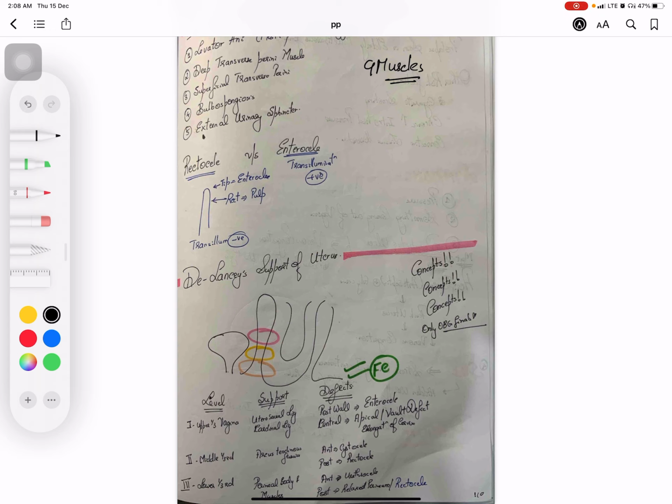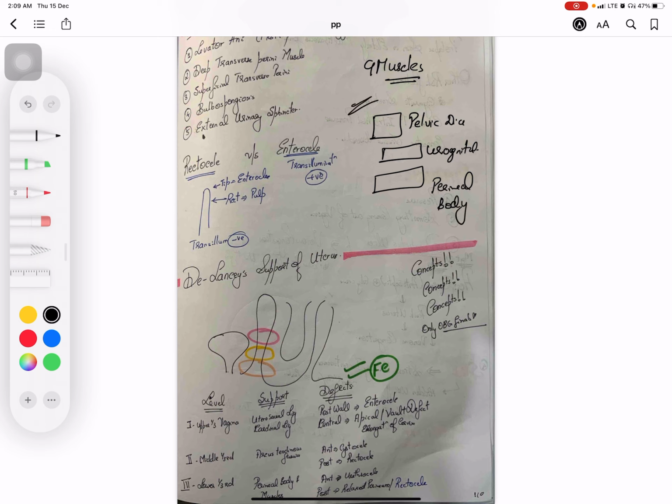We have the pelvic diaphragm, the urogenital diaphragm, and then we have the perineal body. So this needs to be revised a couple of times, otherwise you're going to miss out on this.